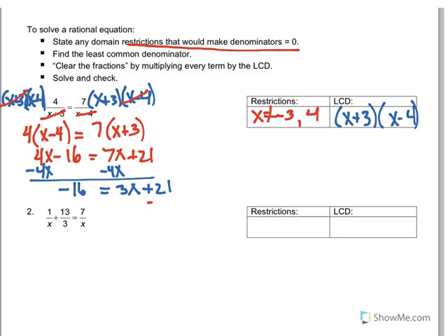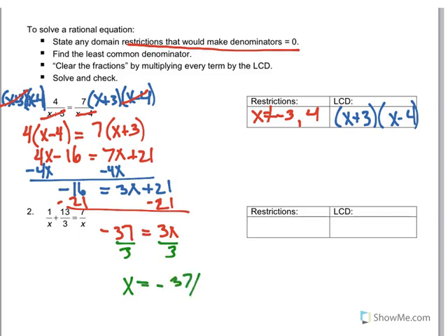Now I'm going to subtract 21 from both sides, and I get negative 37 equals 3x. And then to find x, I divide both sides by 3. And I get x equals negative 37 over 3.